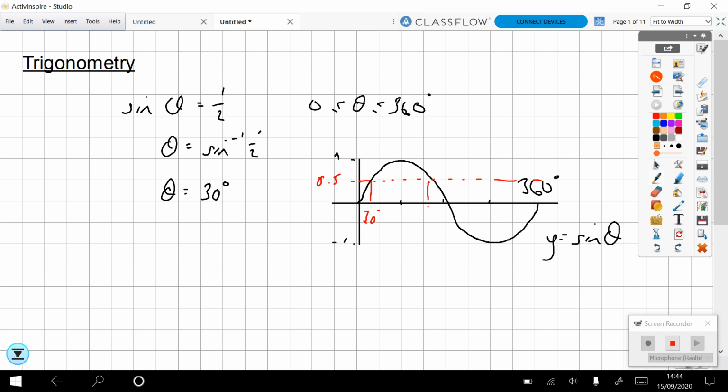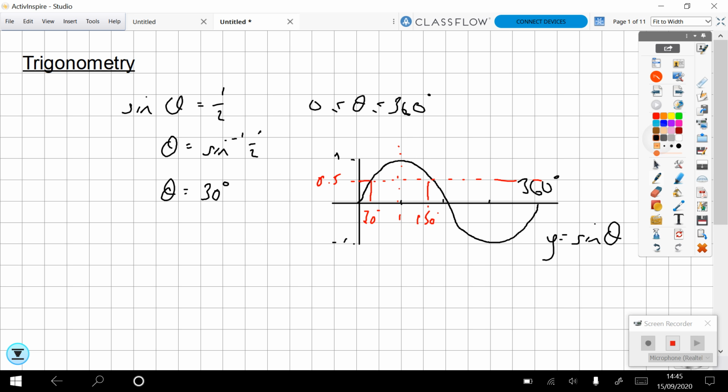And the best way to do it, I think, is to just look at the symmetry of the graph. You can judge that 0 to 30 must be the same as something up to 180. Or if you prefer, you can look at the symmetry that exists through 90 degrees. But one way or another, you need to judge that this will be 150 degrees.